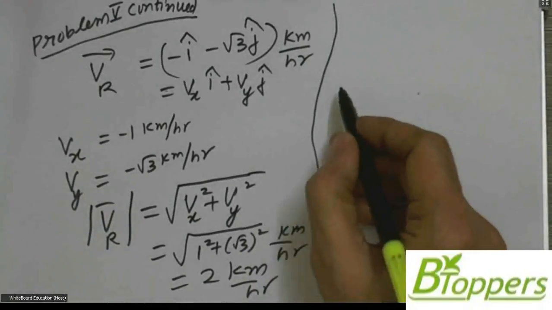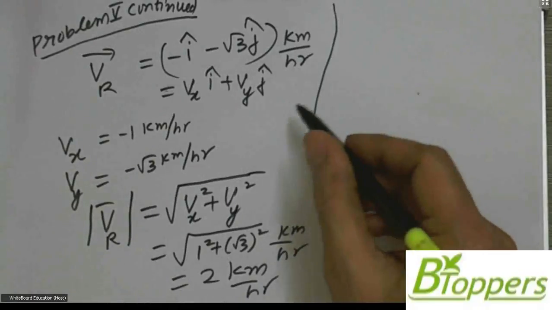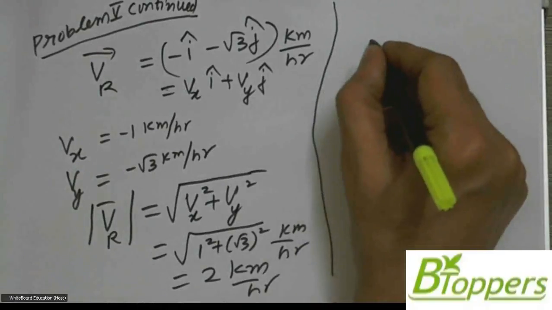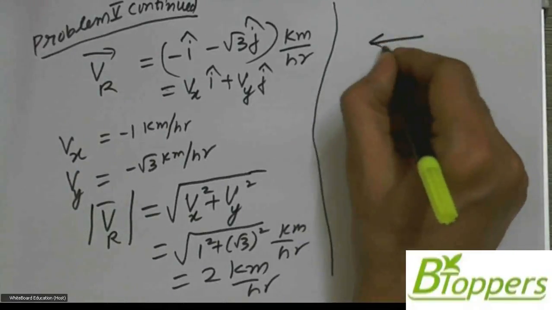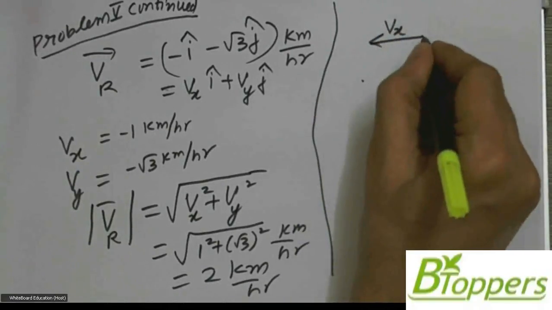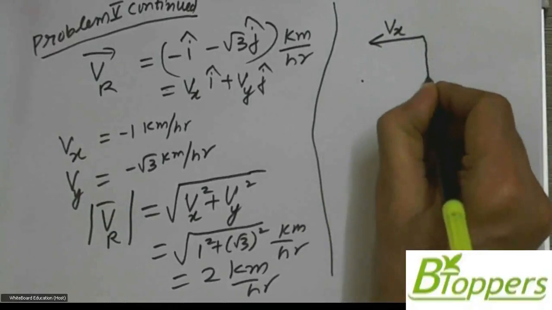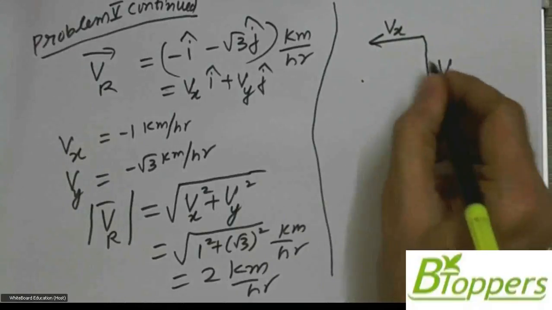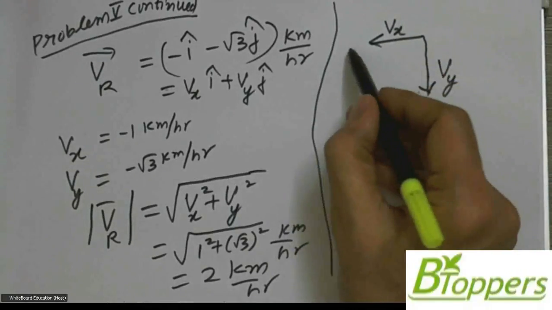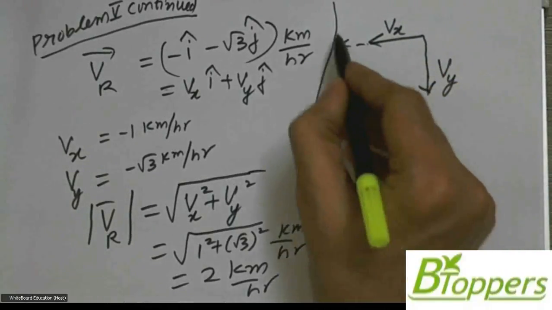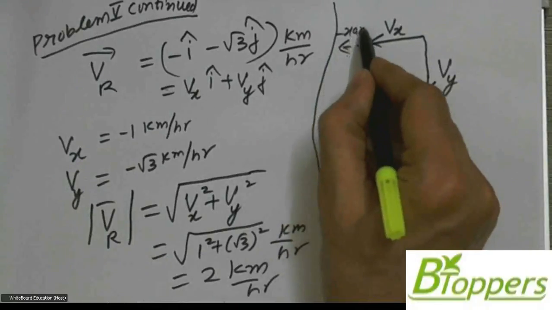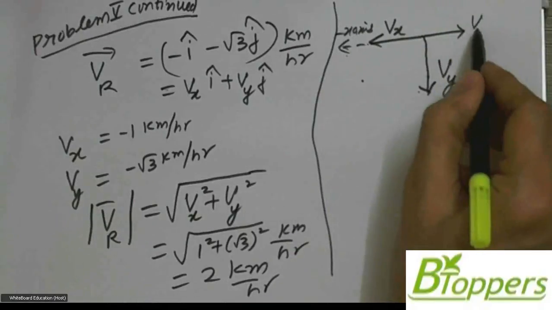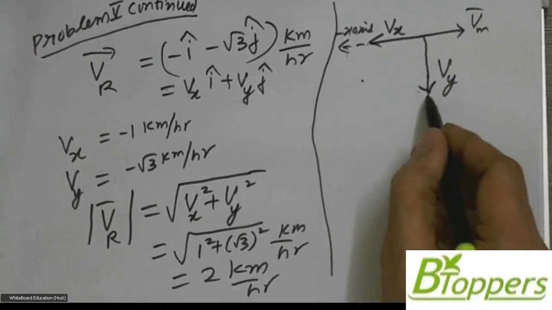To find the direction, you can draw a diagram showing the two rectangular components of the actual velocity of the raindrops by the adjacent sides. The x component of velocity is directed towards the left along the negative x-axis, that is opposite to the velocity of the man.